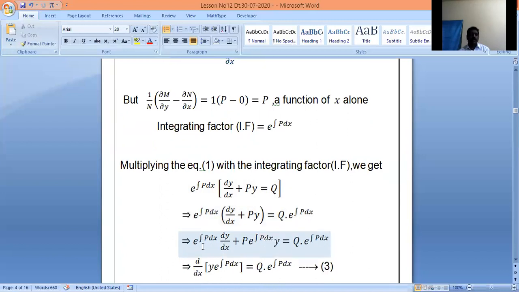That implies e to the power of integration p dx into dy by dx plus, here e power integration p dx into py is p into e to the power of integration p dx into y, is equal to q into e to the power of integration p dx.